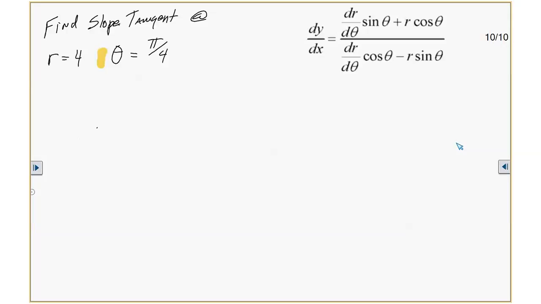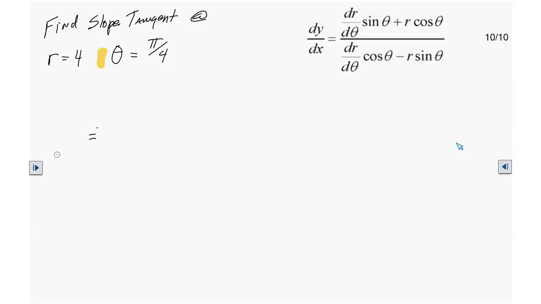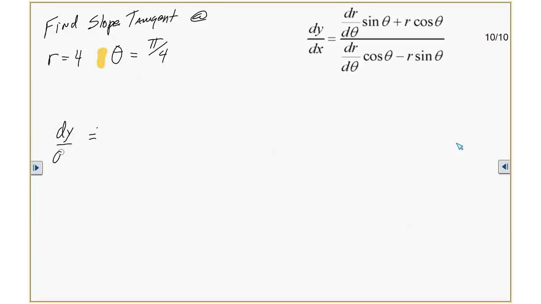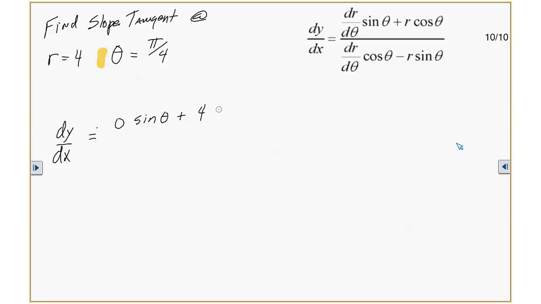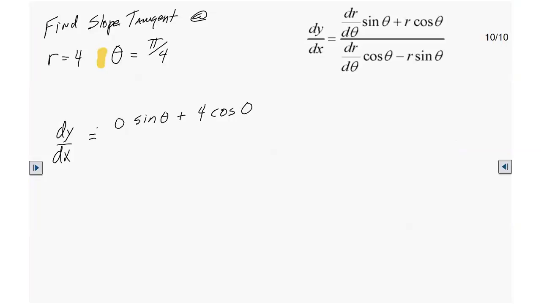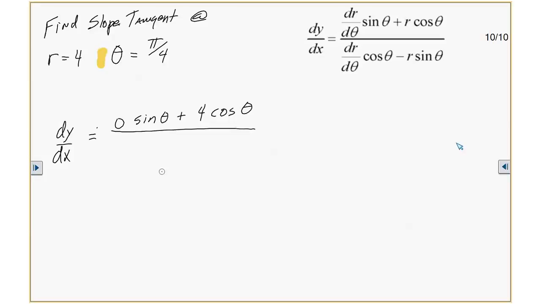So dy dx is equal to 0 times sine of theta plus 4 cosine of theta, over 0 cosine of theta minus 4 sine of theta.